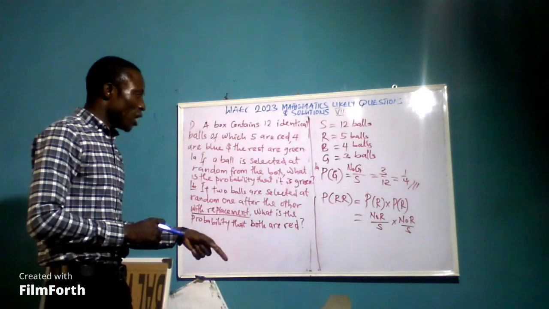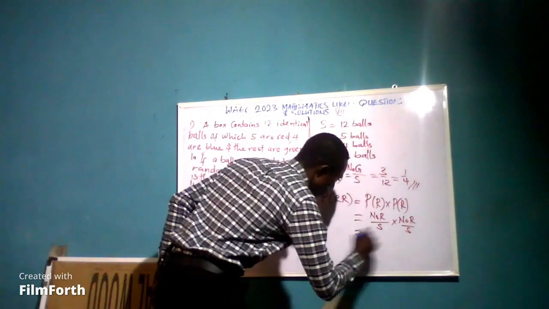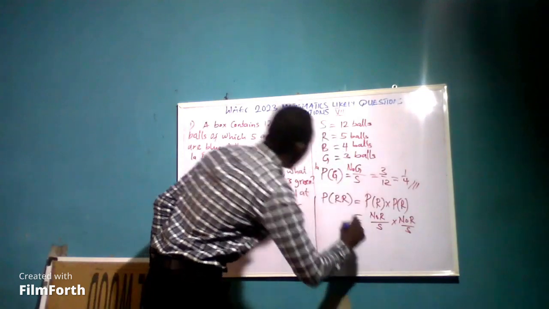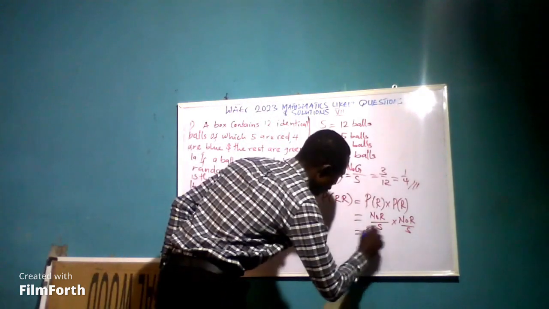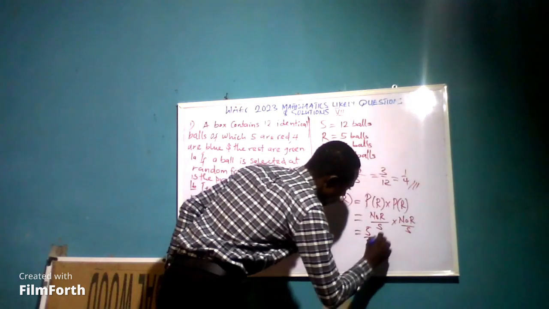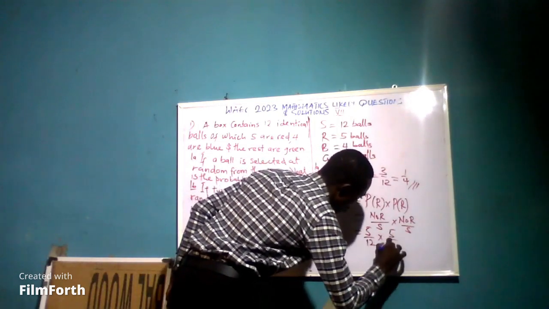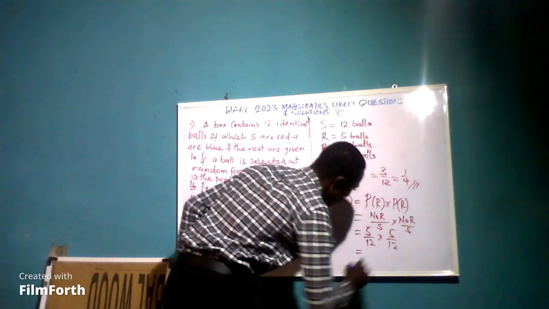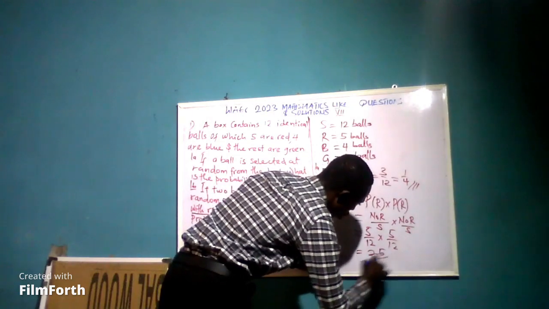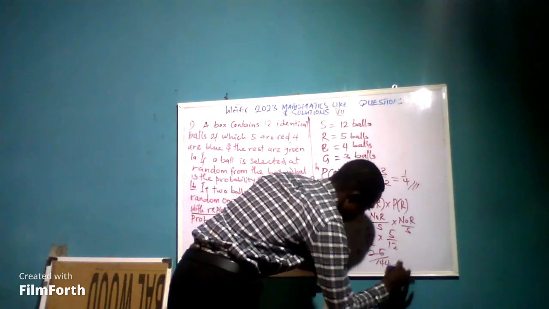So now we have the number of red equal to 5 all over the sample space, which is 12, multiplied by 5 all over 12, and that will give you 25 over 144. Final answer.